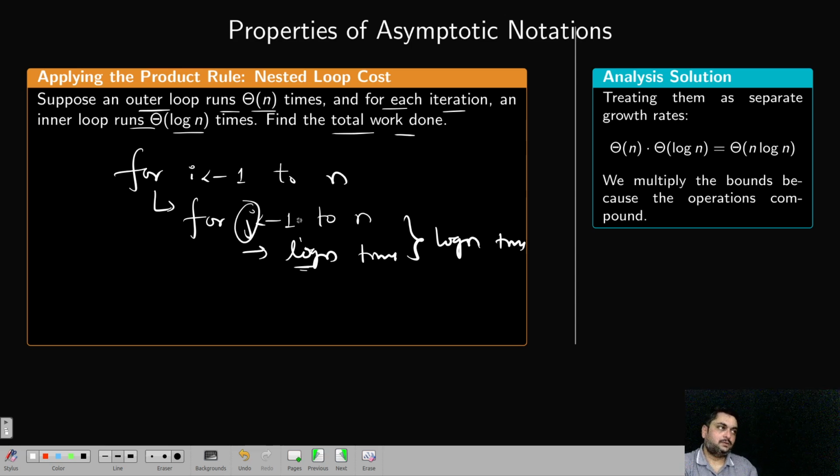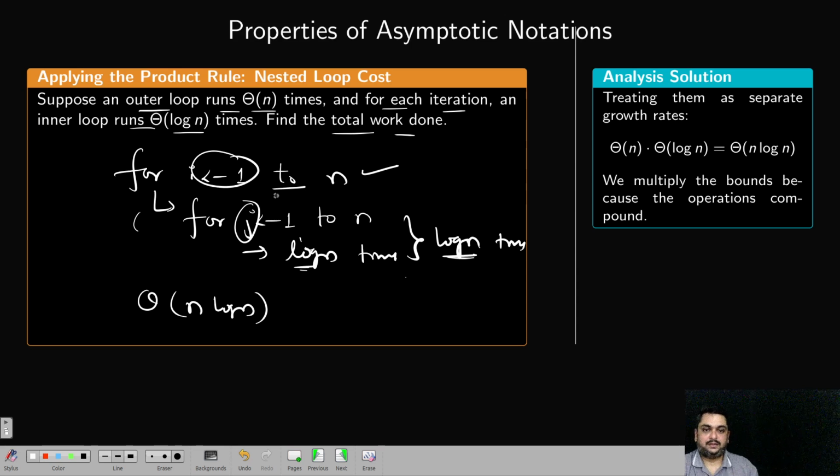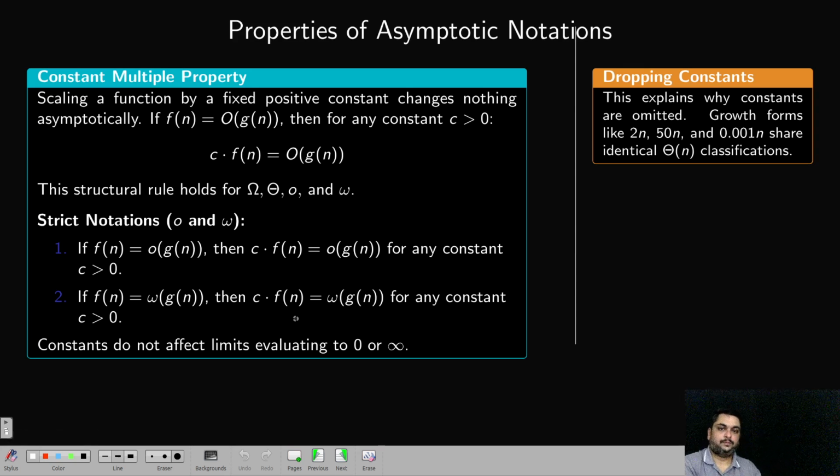Don't worry, we'll see many examples on this in further video lectures on how to calculate. So that means this is running n times, and for every iteration I am running this log n times. So it is nothing but n into log n. That is the product rule here. Say this is f1 of n and this is f2 of n, then the product is n into log n.